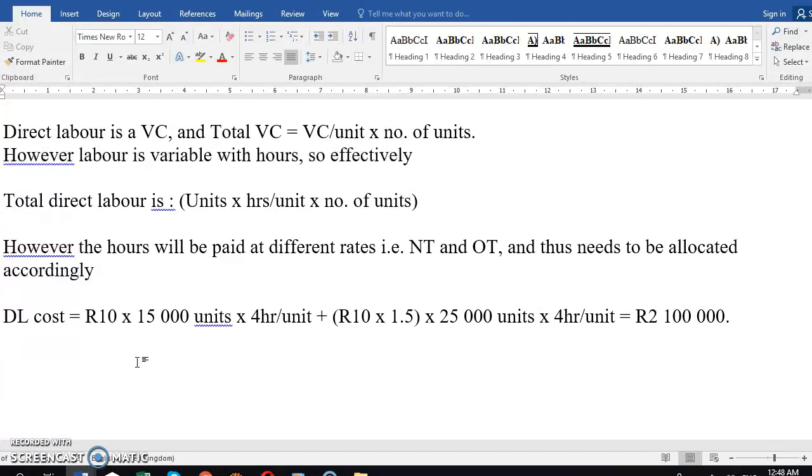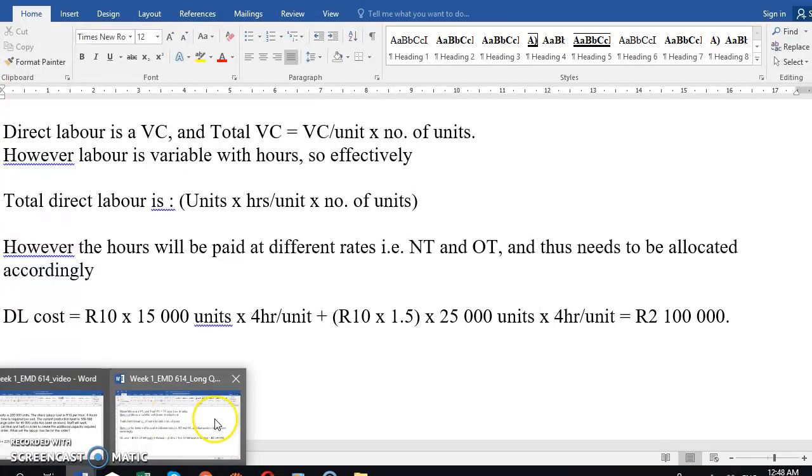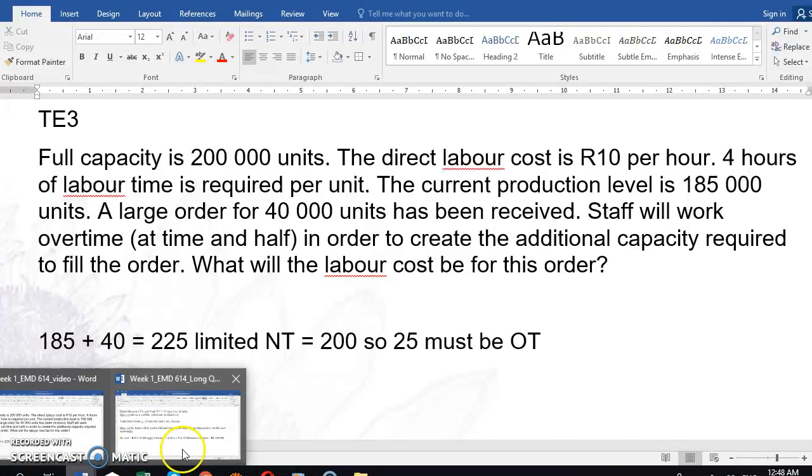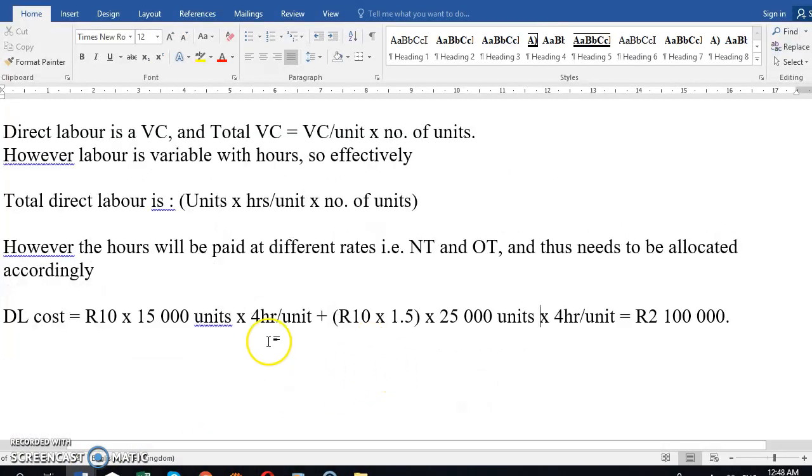Another check to remember is that the question asked about the specific order, and that order is 40,000 units. So what you want to see in your solution is that you accounted for 40,000 units: 15,000 units at normal time and 25,000 units at overtime. We are accounting for the whole 40,000 units in that 2.1 million.